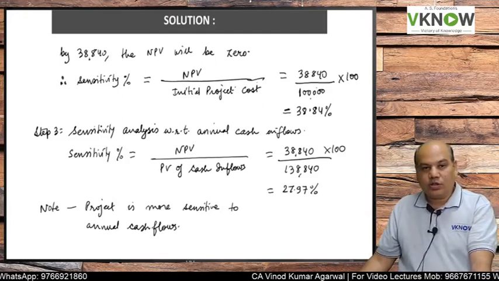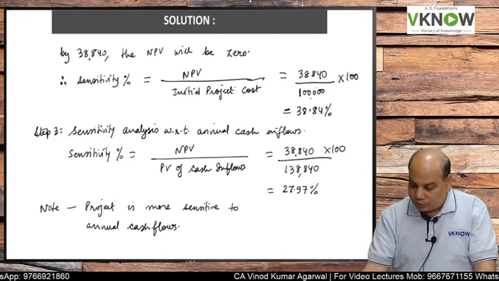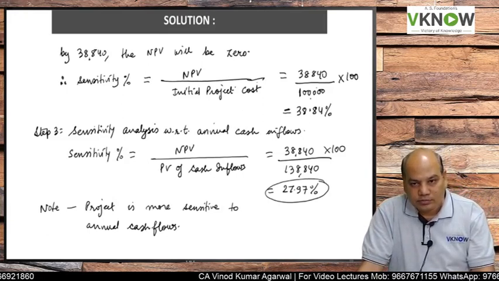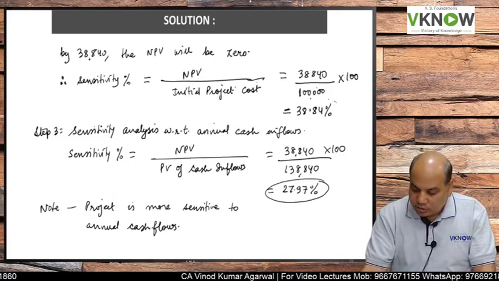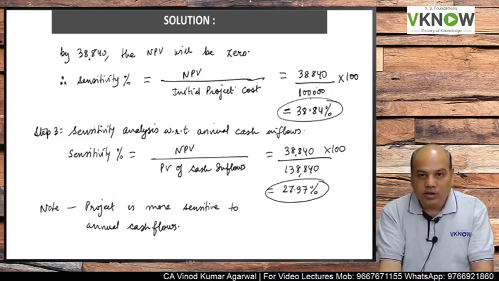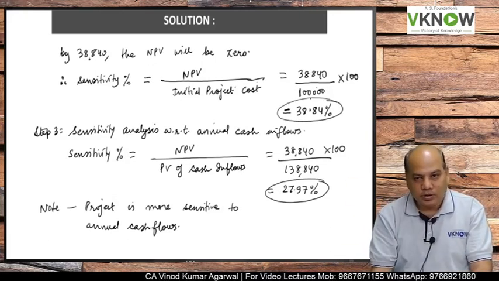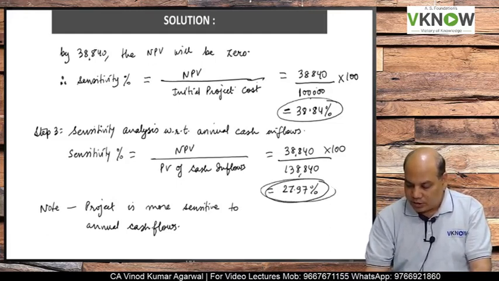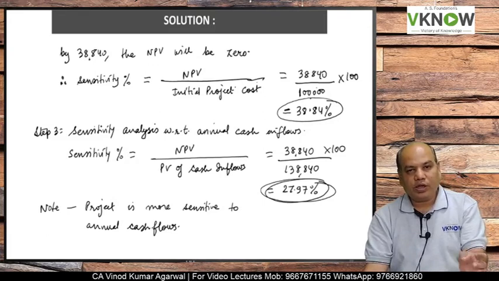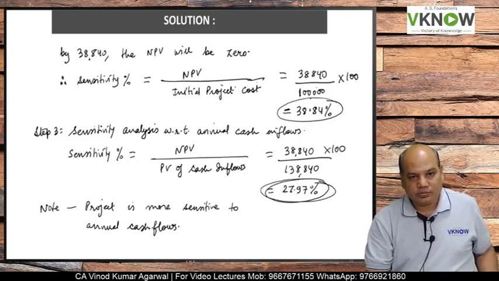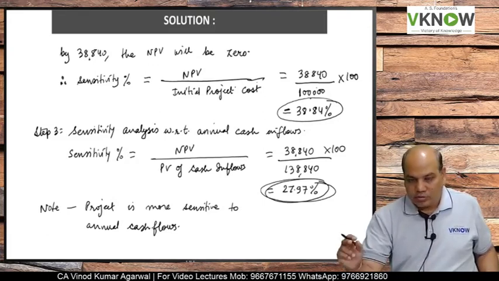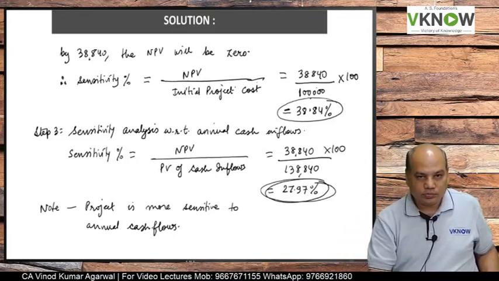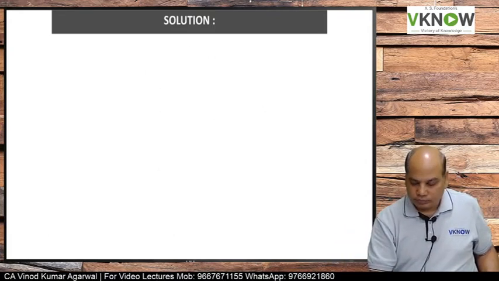Project is more sensitive to annual cash flow because here if it falls by 27.97%, NPV will be 0. But here if it rises by 38.84%, then NPV will be 0. So here a small percentage change can lead to negative NPV. So relatively the project is more sensitive to cash inflow. Is it right?